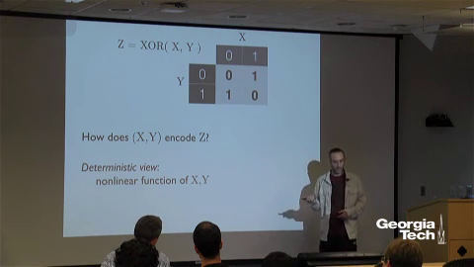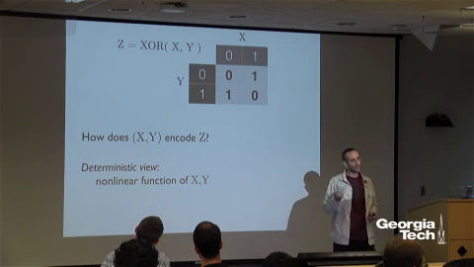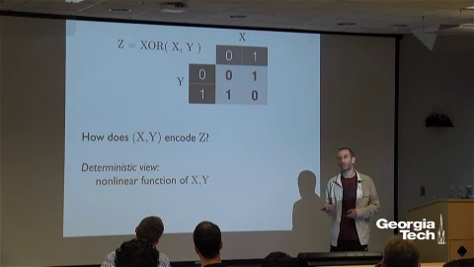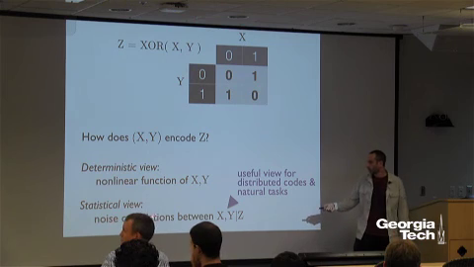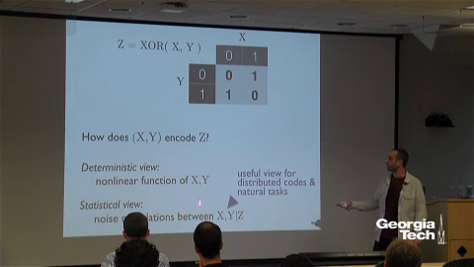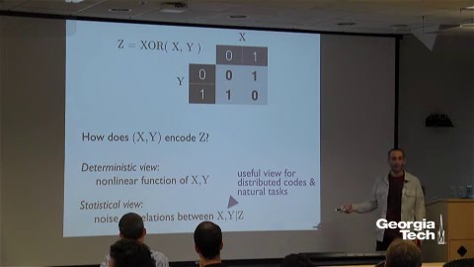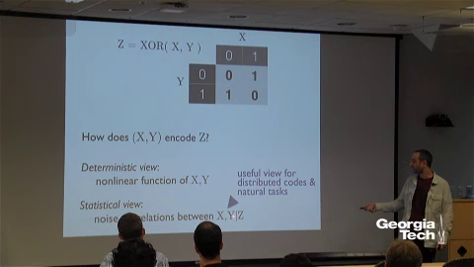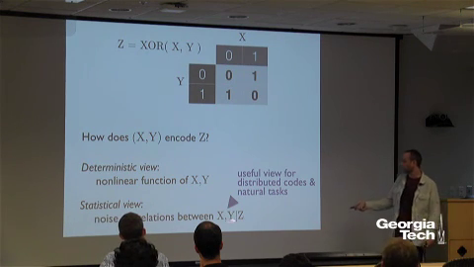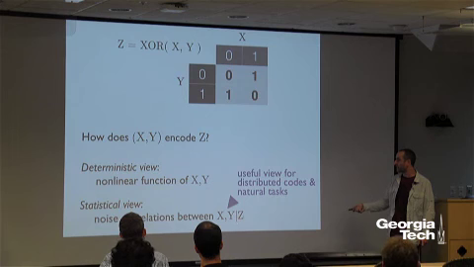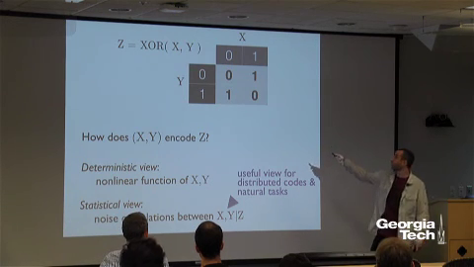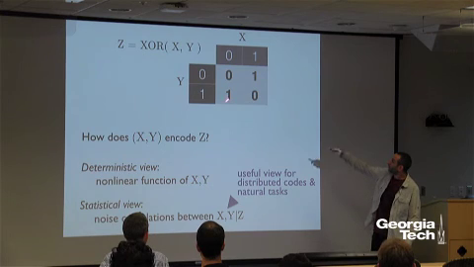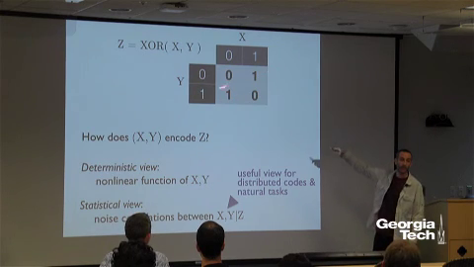And what I want to propose today is a different way of viewing this, which is very useful for thinking about population codes. And that is a statistical view, where the thing that encodes Z are actually the noise correlations between X and Y. So the joint distribution of X and Y given Z is changing depending on Z. So if Z is 1, then X and Y are anti-correlated.